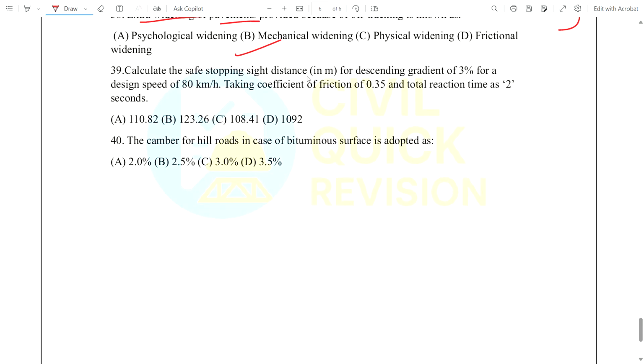Now coming to 39: calculate the safe stopping sight distance in meter for descending gradient 3% for a speed of 80 km/h, taking friction 0.35 and total reaction time given.